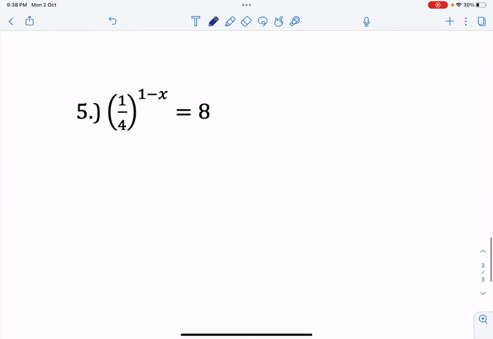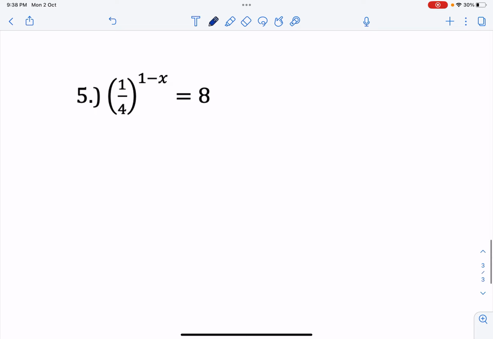Again, when we see a quarter and we see 8, so 4 and 8, we can express them as base 2. Here on the left-hand side, 4 can be expressed as 2 power 2, and then power 1 minus x, and 8 can be expressed as 2 power 3.